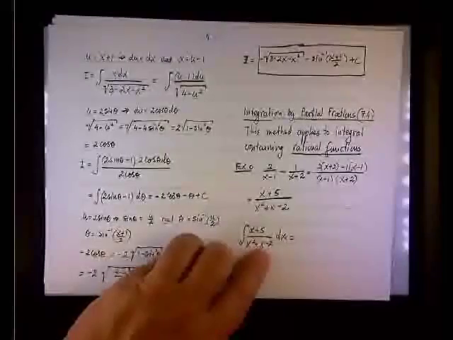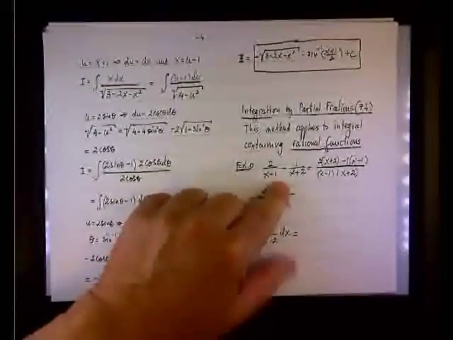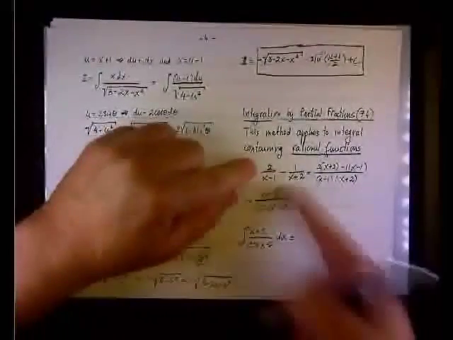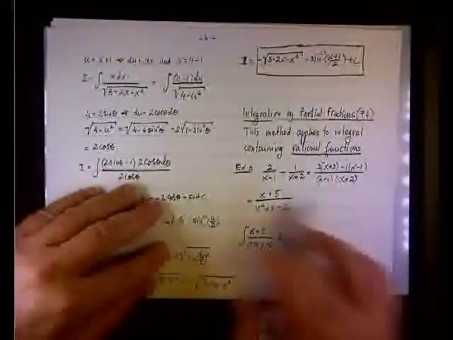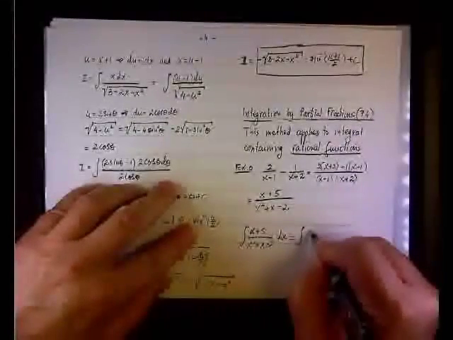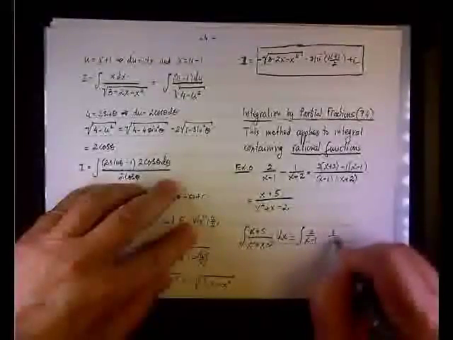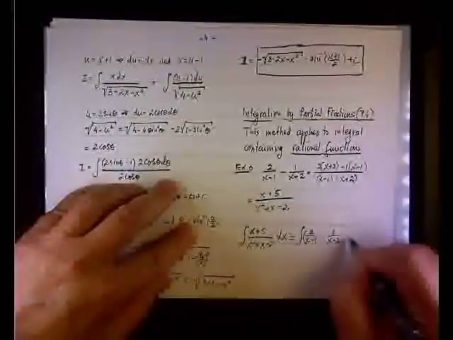Then, if I can factor the denominator, I can write it as a sum of partial fractions. So I know that now I need to go in reverse, and going in reverse produces the integral of 2 over x minus 1 minus 1 over x plus 2 dx.